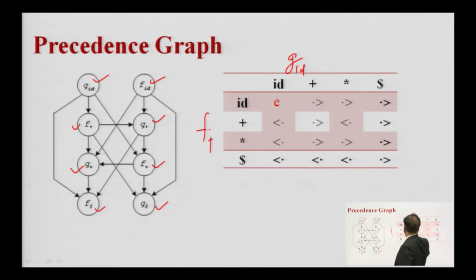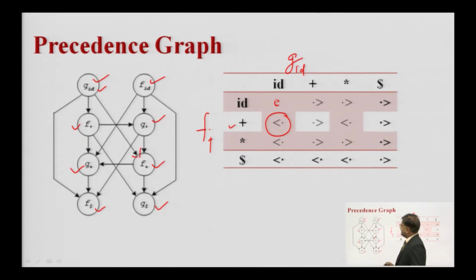Now, F plus to G id, for example, the relation is like this. That means we will put an edge from G id to F plus. So, G id to F plus, right.